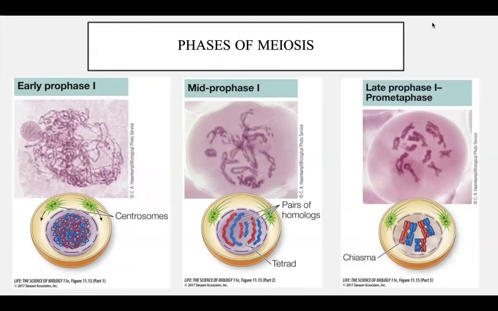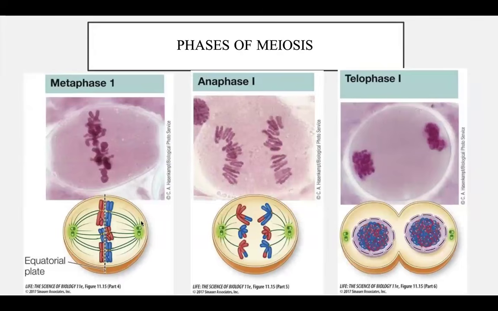In prometaphase, the nuclear envelope starts to break down, and like I mentioned, chromosomes condense. Then in metaphase, your chromosomes line up at the equatorial plate, or the middle of the cell. In anaphase, your chromosomes split apart. Telophase is the opposite: chromosomes start to decondense, the nuclear envelope reforms, and cytokinesis occurs.